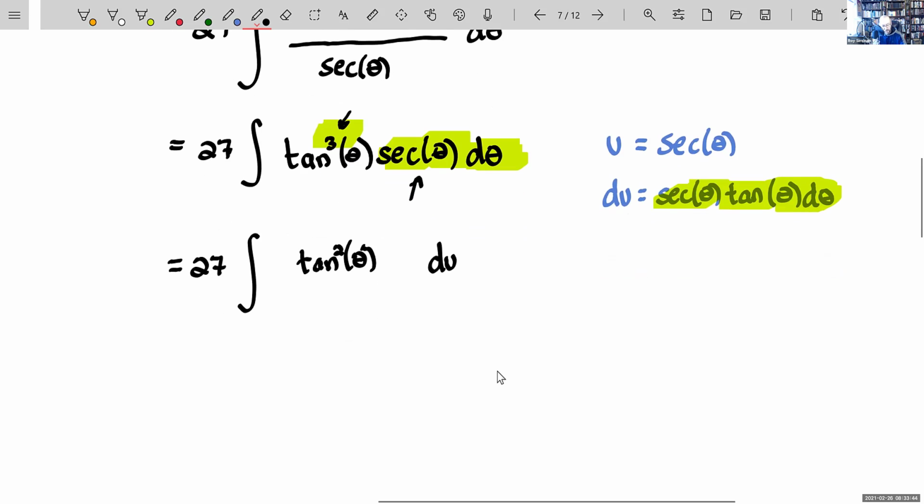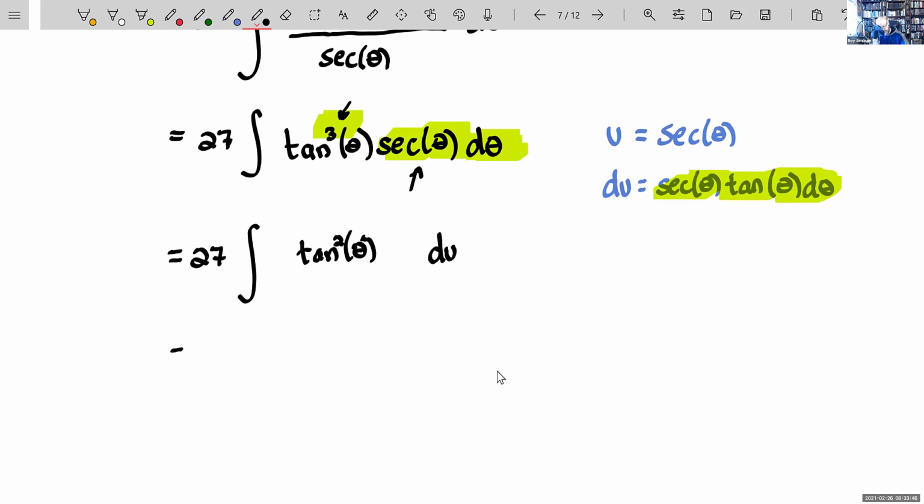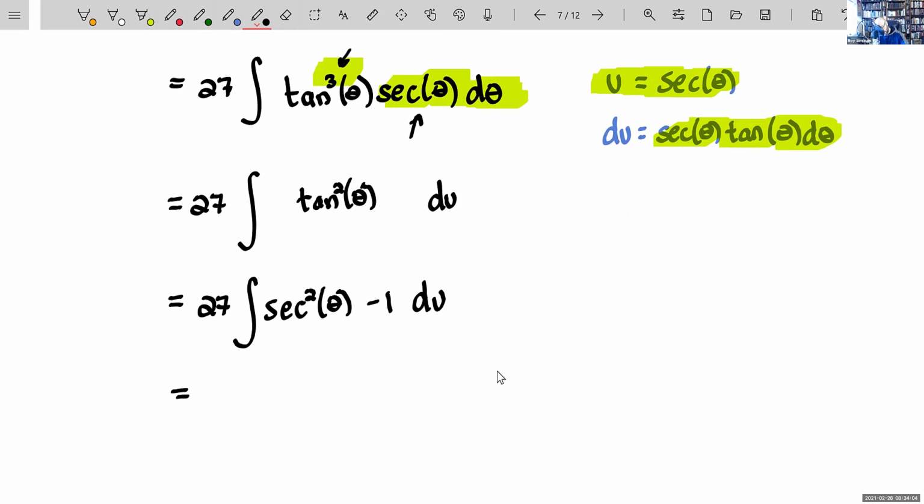That is secant squared minus 1. Notice these are two different variables, but luckily we know what secant is. Secant is u. So this is 27 integral of u squared minus 1 du.